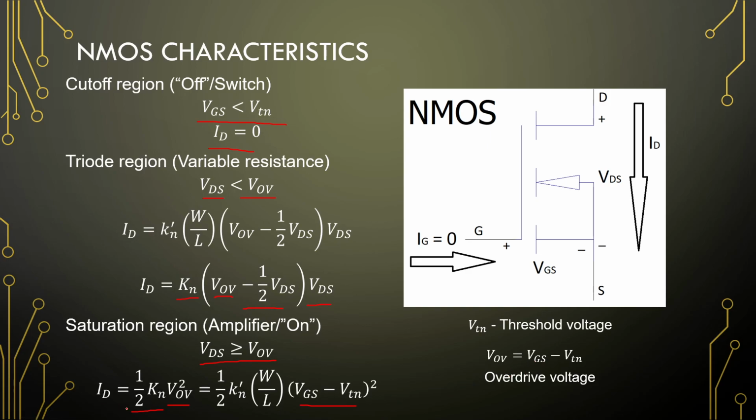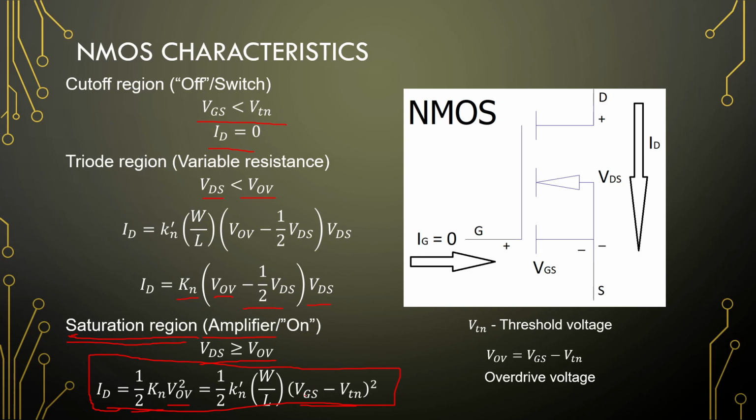So this equation here is the one that we will be using mostly, since we are going to assume that we are in the saturation region because we want to build some amplifiers.